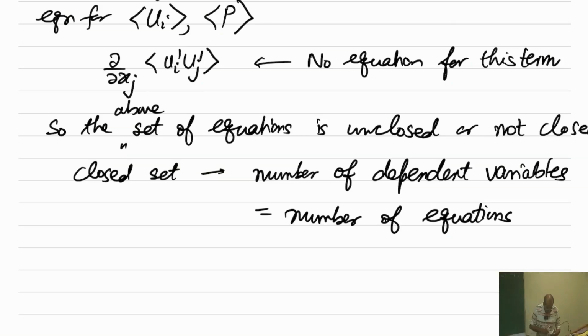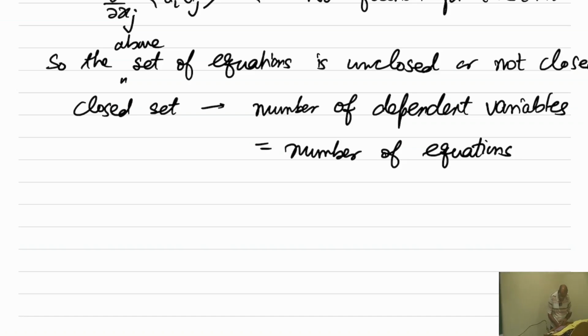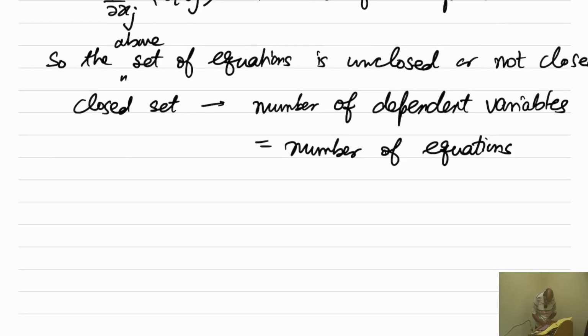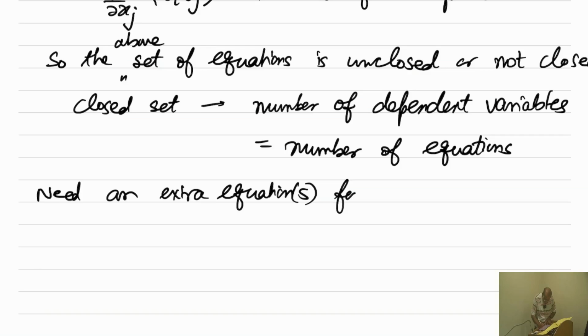And if this equation set is not closed, that means we need an extra equation for ui prime uj prime.